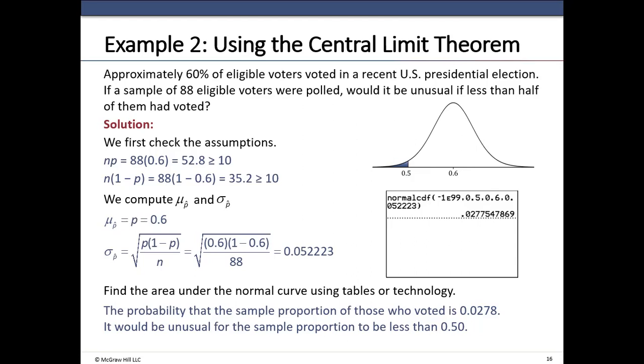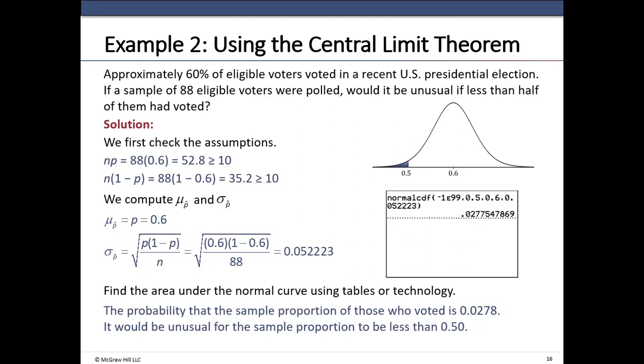So 0.5 is your upper boundary, your lower boundary is a very large negative number. So second verse, before I do that, I should calculate the standard deviation of the sampling distribution. Remember, sigma p hat is the square root of p times 1 minus p divided by n.